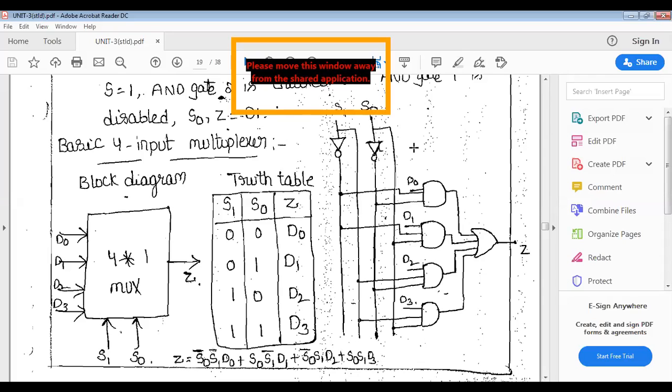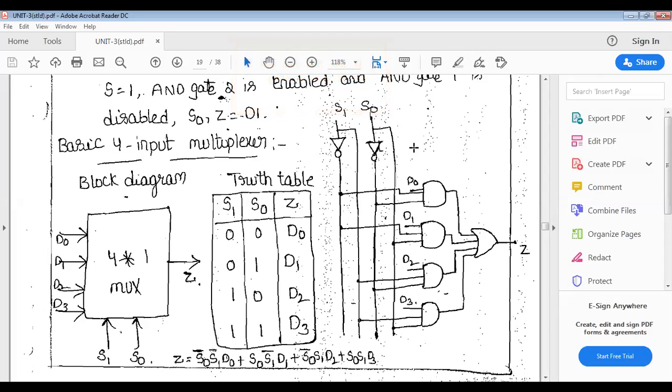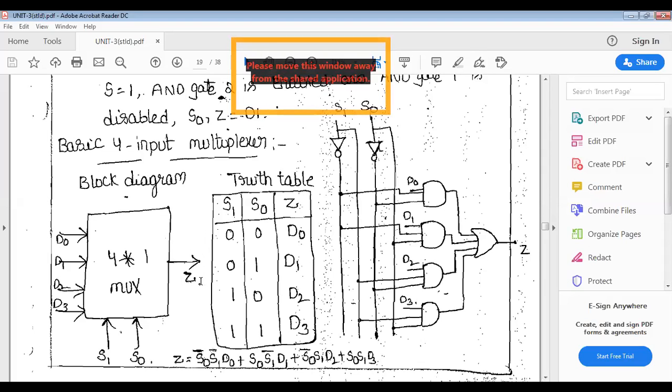The output is Z. Now the 2 selection lines give the binary combinations 00, 01, 10 and 11. When I select S1 equal to 0 and S0 equal to 0, the first input D0 will appear at the output side.